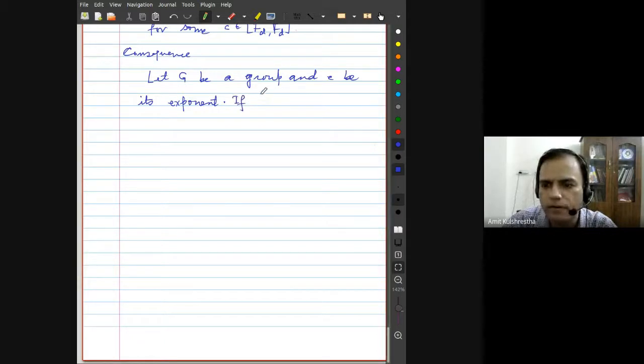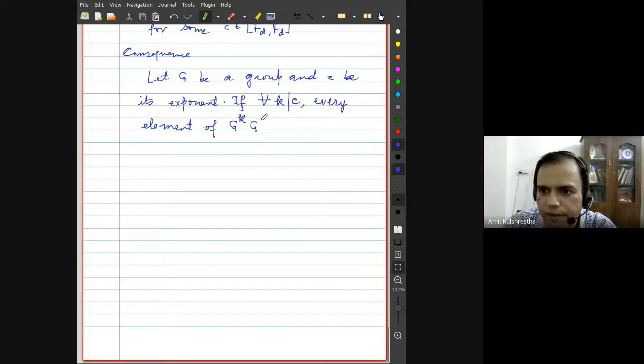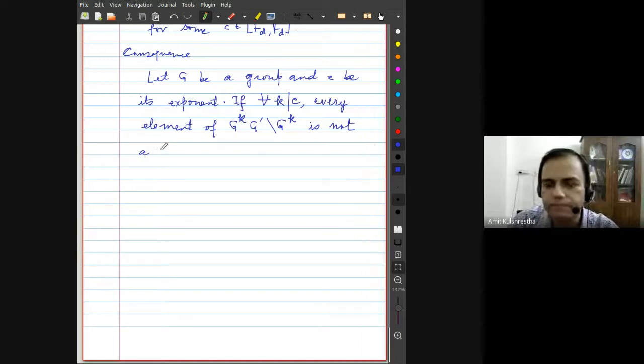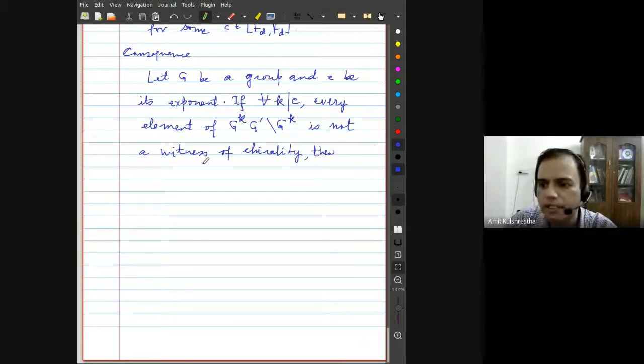If for every k which divides E, you consider all the divisors of E, and you take the kth powers, and you take the commutator, minus this, if every element of the kth powers minus this is not a witness of chirality, then the conclusion is that you don't find a witness anywhere else, and you declare that G is achiral.